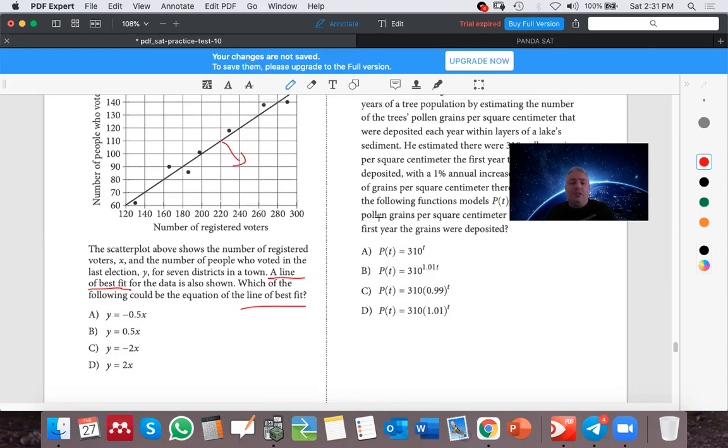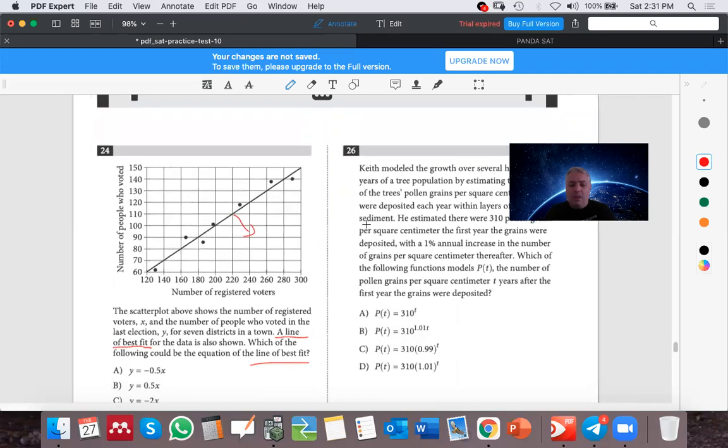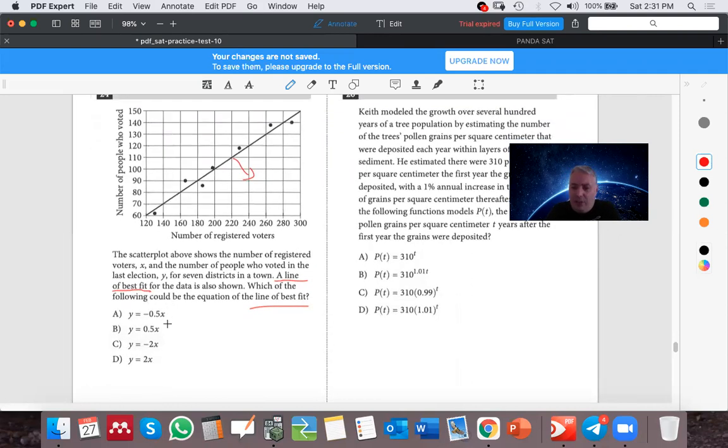Dear students, first of all, when you look at the alternatives, the coefficient of x, don't forget it's the slope. Before the x, what do you have? If the slope is positive, the function is increasing. If the slope is negative, the function is decreasing. When you look at this line, is it increasing or decreasing? Of course, increasing.